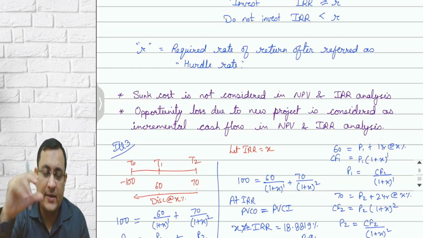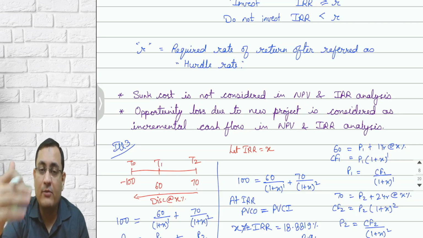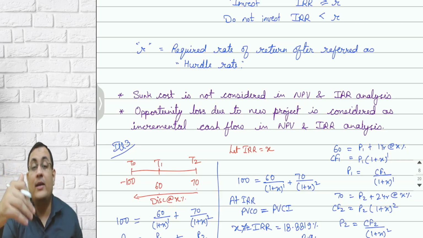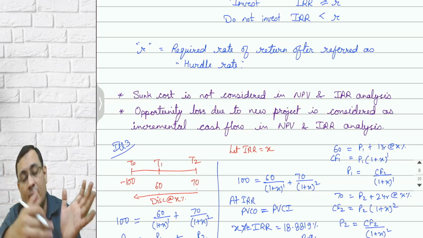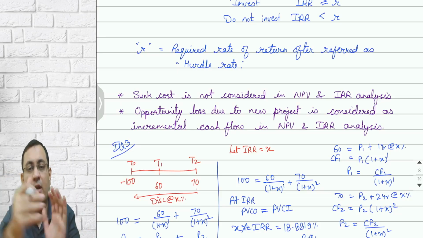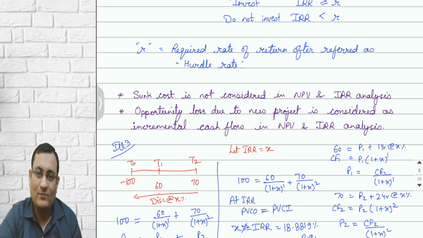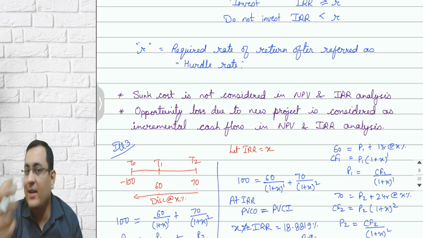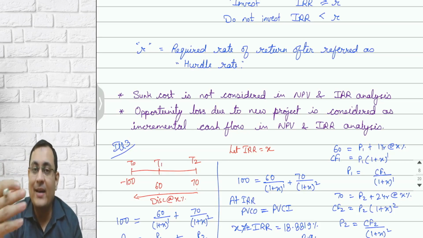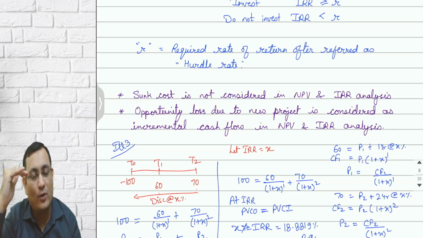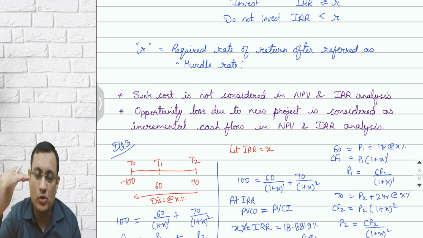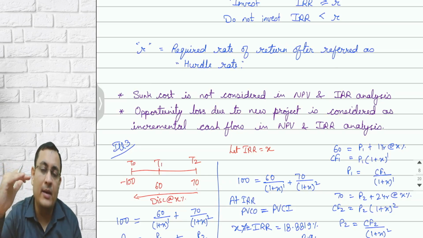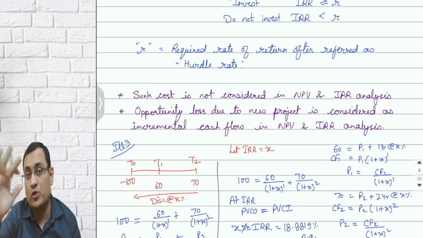This project is generating 18.88%. Now we will find out what is required by the company or the investor for investing in this project: the required rate of return. That required rate of return is treated as the hurdle rate, benchmark rate or cutoff rate. This is the minimum level at which the project should generate.